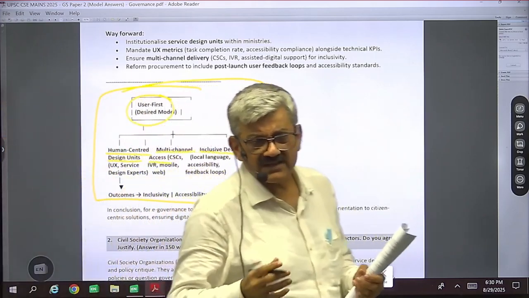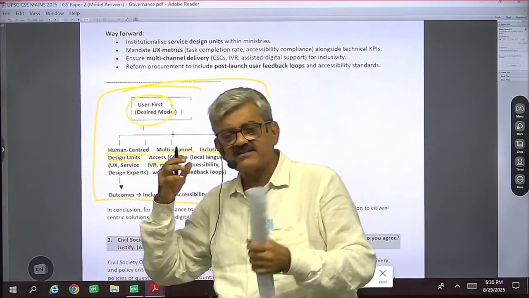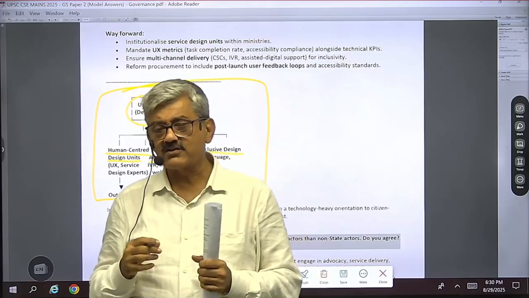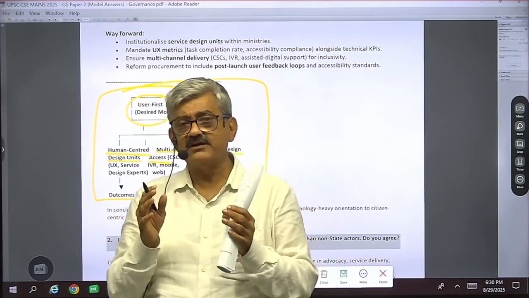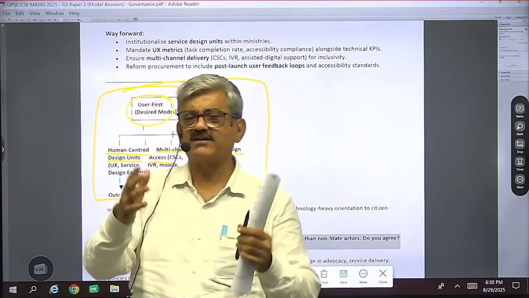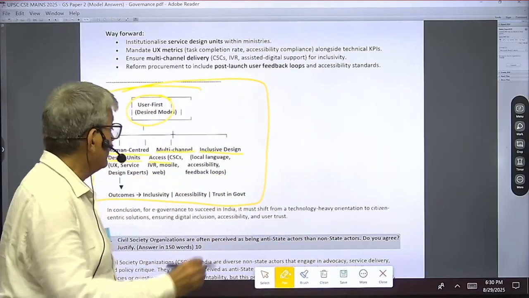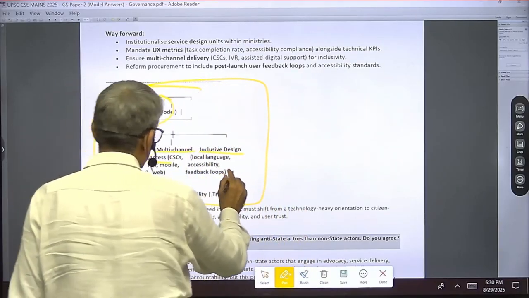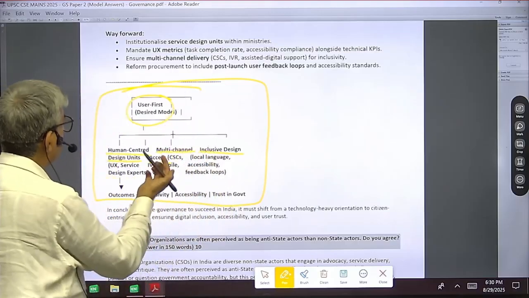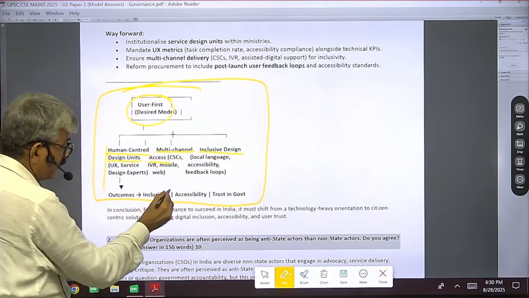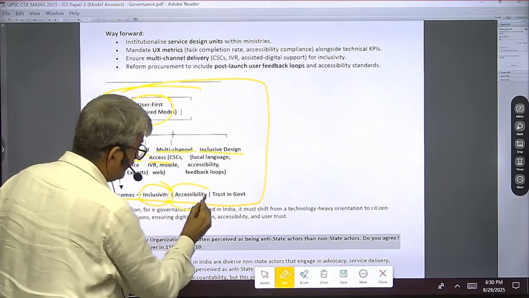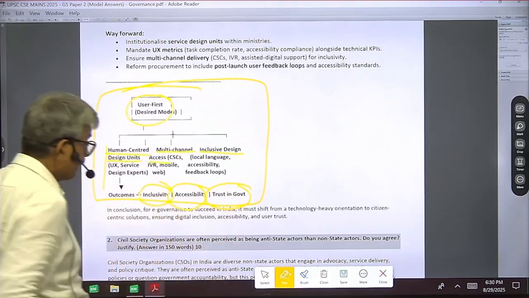There is a criticism that our technological interventions and e-governance are still not inclusive. There are certain people who know how to use technology and are taking full advantage of it, and not the people further down. So we have tried to build a model in which the outcome is inclusivity, accessibility, and trust in the government.